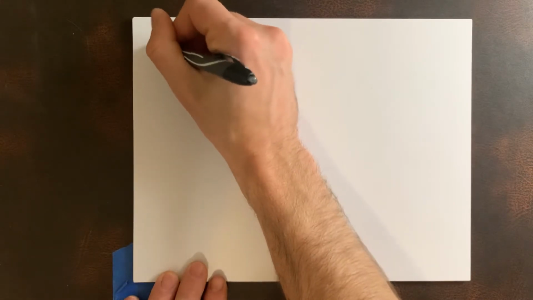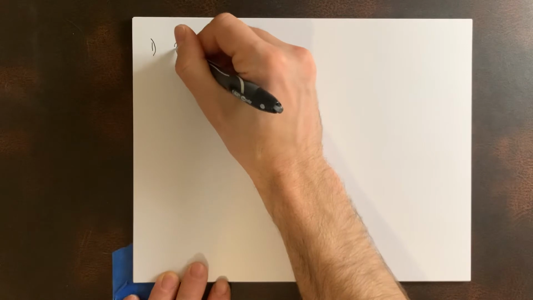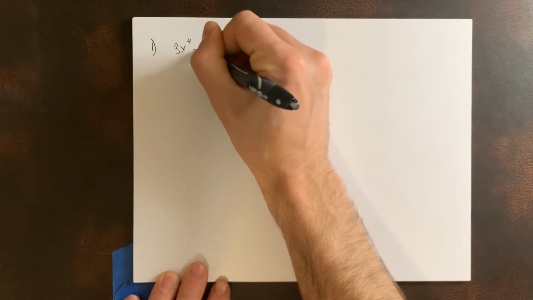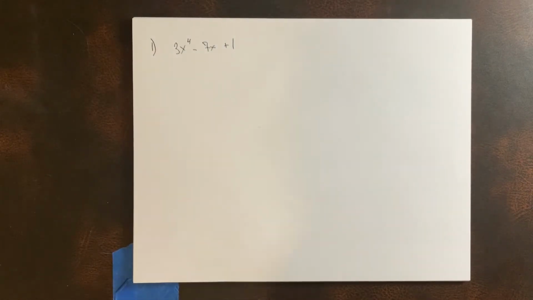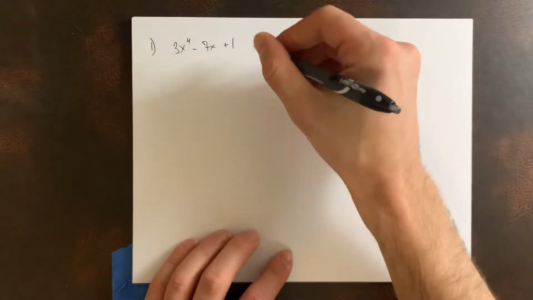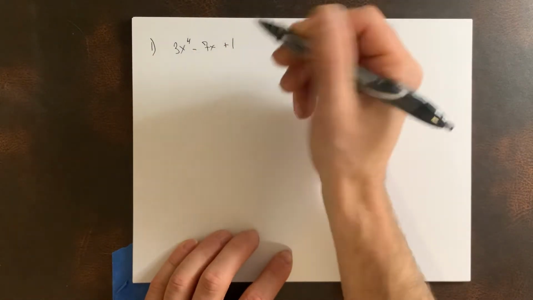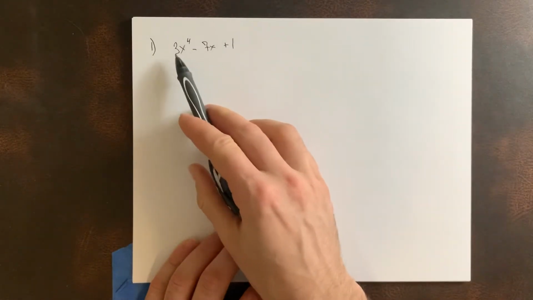Okay, so first example. Say we have something like 3x to the 4 minus 7x plus 1. When we're finding the domain, we always ask ourselves those same two questions: are there fractions, and are there square roots? Just from looking at this, there's no fractions.